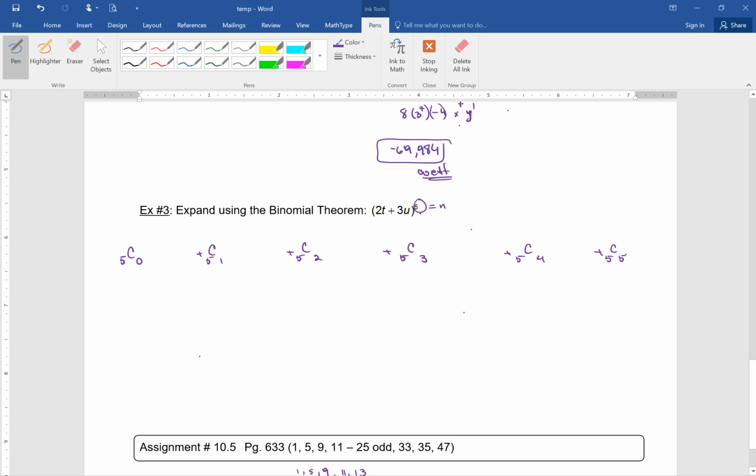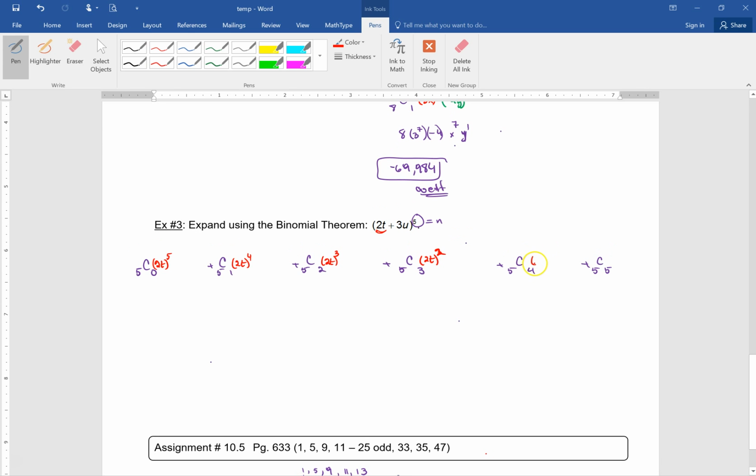Right? Now, what about the variables? So here my first term is 2t. So I get 2t to the 5, to the 4, cubed. This step is exactly identical to what you were doing yesterday.